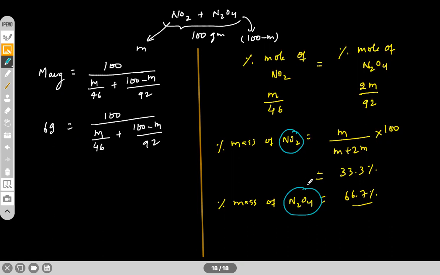If it is like 1 by 2 or 1 by 3, something like that, then you can directly do this kind of question. But if the ratio is not like this, then obviously you have to go by this method. But since we have percentage mole equal, you can directly do this.